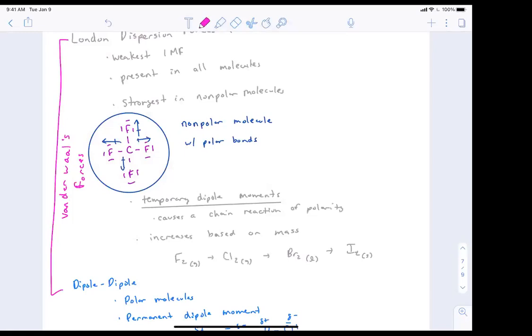Does that make sense, Alejandro? Yeah. So it happens in mixtures when you have dipole-dipole molecules with London dispersion force molecules, and the polarity often affects the nonpolar molecule and induces a dipole in it so that they can attract. Now, this doesn't always work.